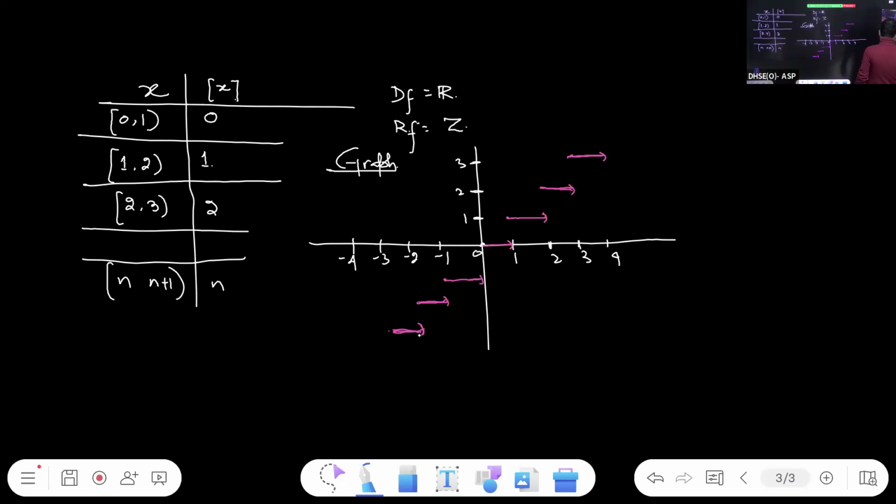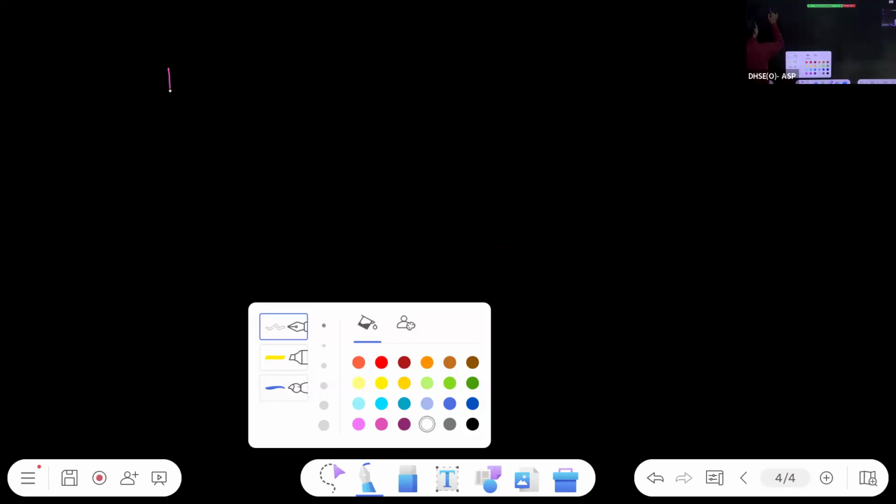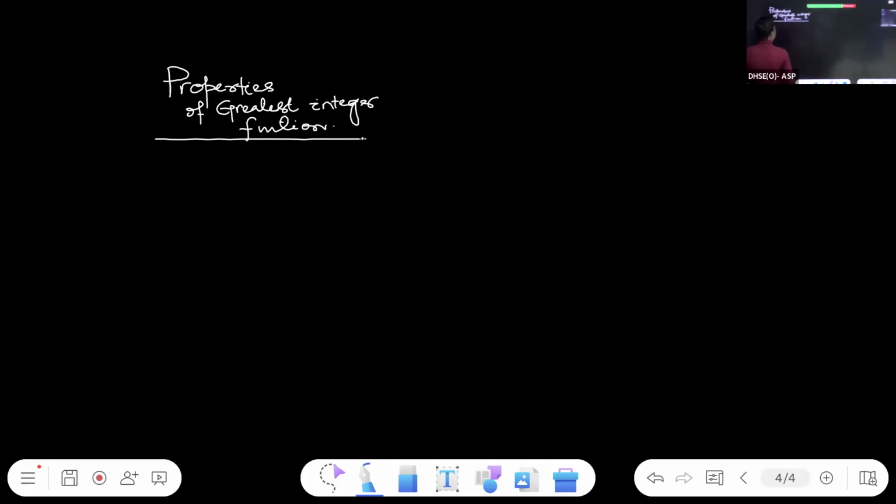Let's write down properties of greatest integer function.